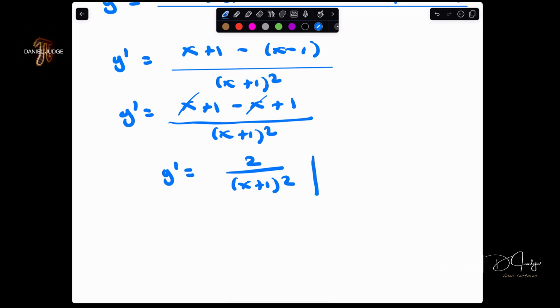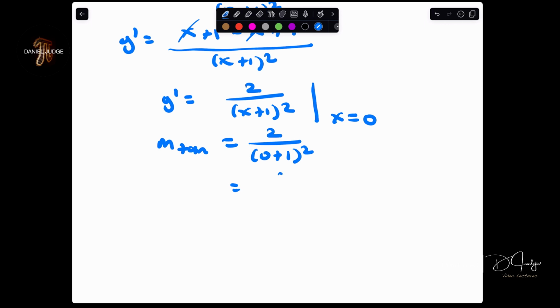Don't forget, we have to evaluate this at x equals 0 because that's what m tangent will be. 2 over 0 plus 1 squared is 2 over 1 squared.